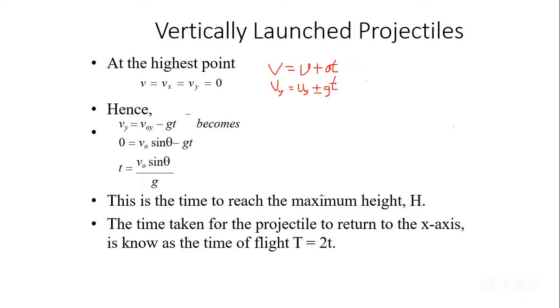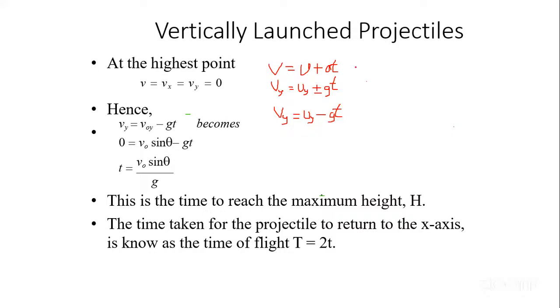If the object is going up, it is a minus. If it is coming down, it is a plus. This time the object is going up, so it's going to be a minus. So that is Vy is equal to Uy minus GT.